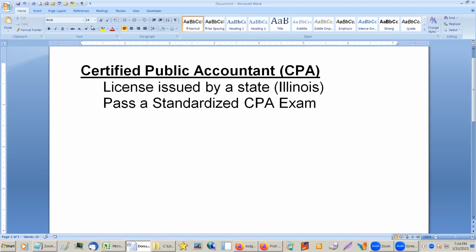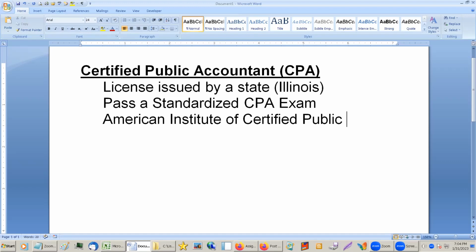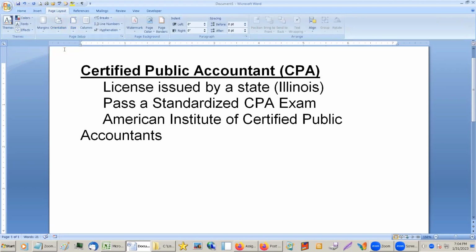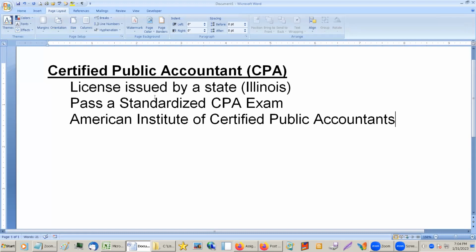The state could have you pass any exam they want, but the exam that everybody uses is the AICPA, the American Institute of Certified Public Accountants.